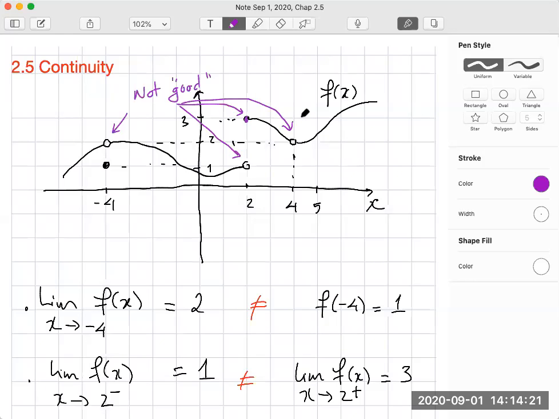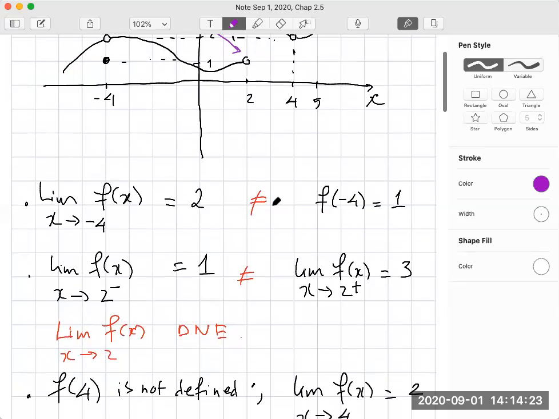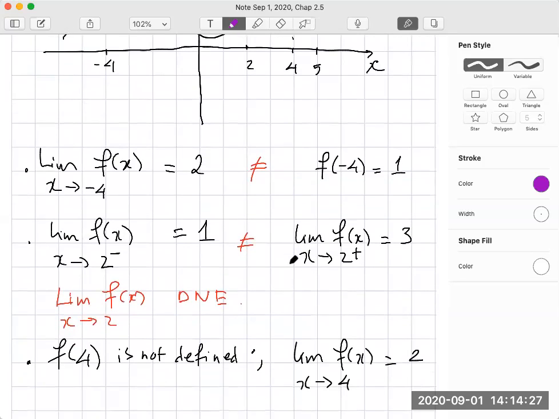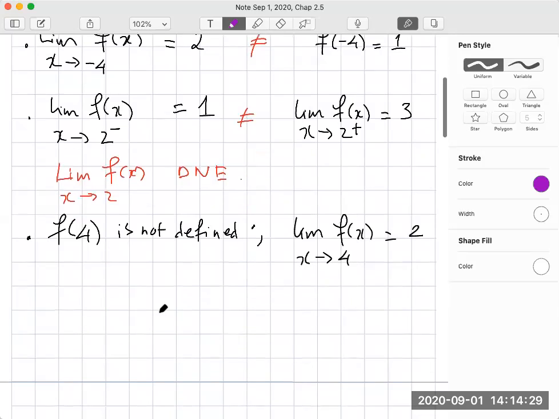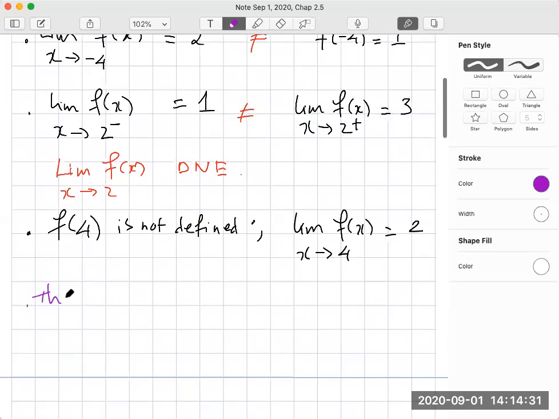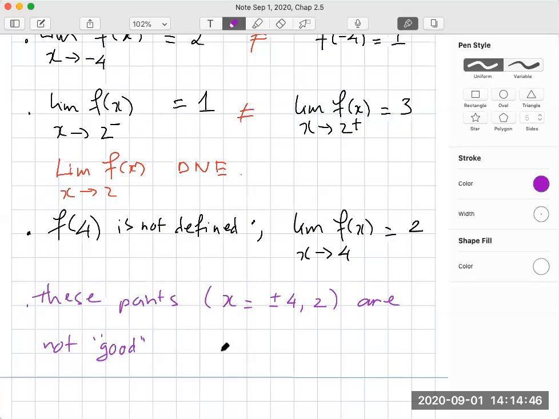Because sometimes the limit is different from the value of the function. And this point, when x is equal to plus or minus 4 or 2, are not good for the function.